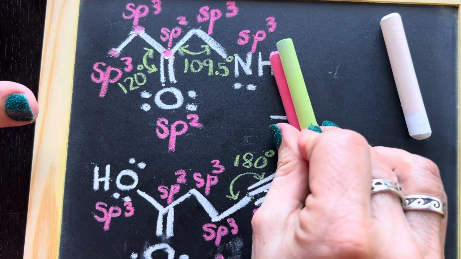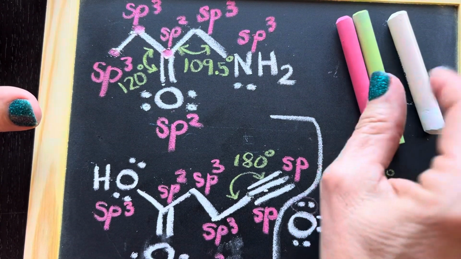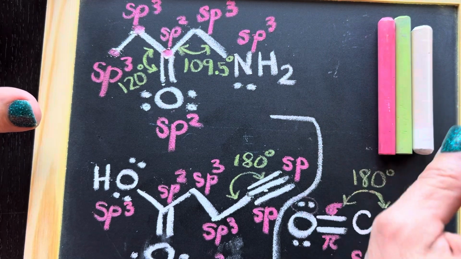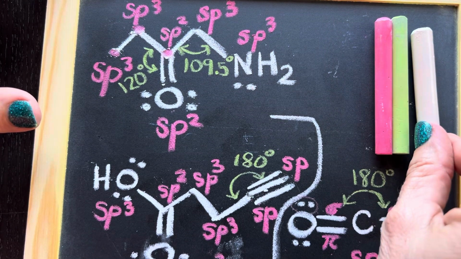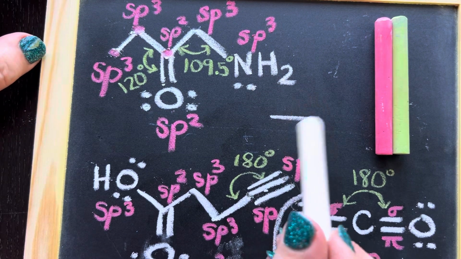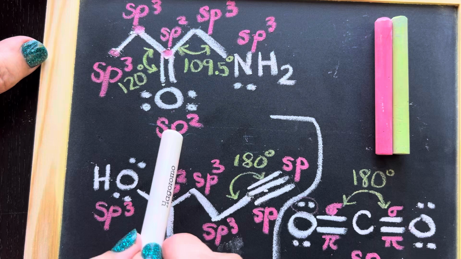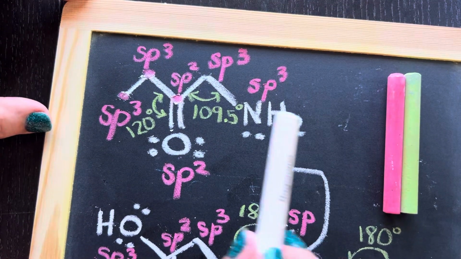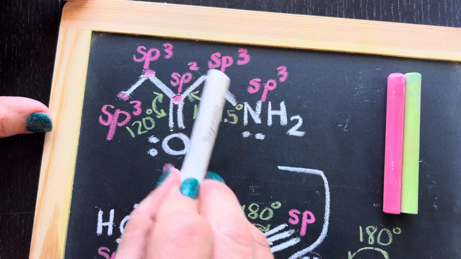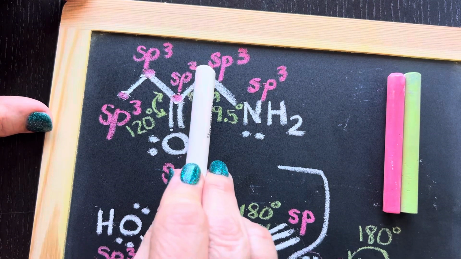If we wanted to, we can also look at naming the geometry around each one of these. So for example, with this sp3 hybridized carbon, where it is bonded to 4 other things, carbons and hydrogens, this would be tetrahedral.